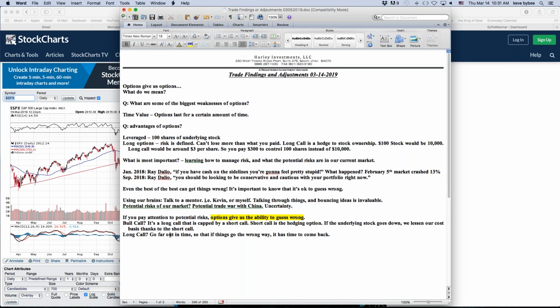And we can still lessen our cost basis by doing what? By buying more contracts at a much lower price.